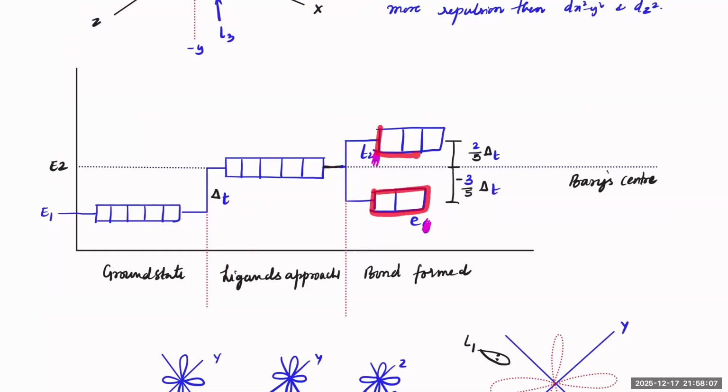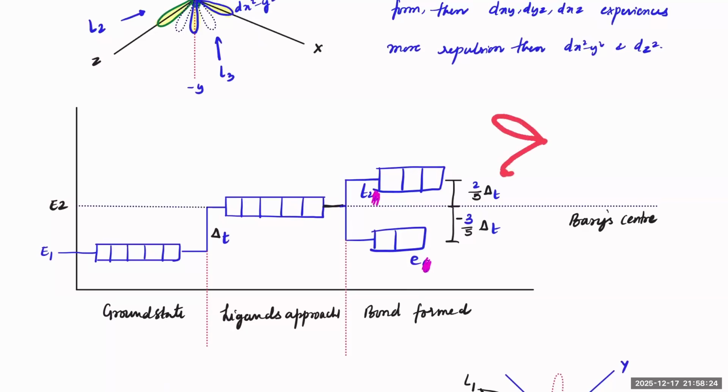Now you see that E will be here, T2 will be here. Now drop this G terminology here. In the 4 ligand system, we do not use that G terminology. That G basically represents gerade orbital. When it comes to octahedral, after the structure formation, this would have symmetry, isn't it?